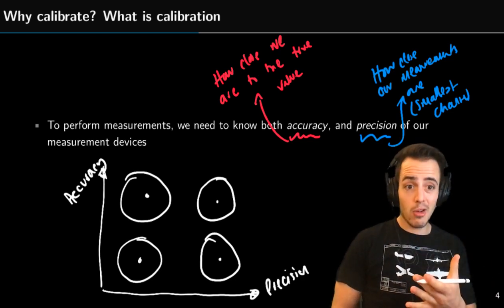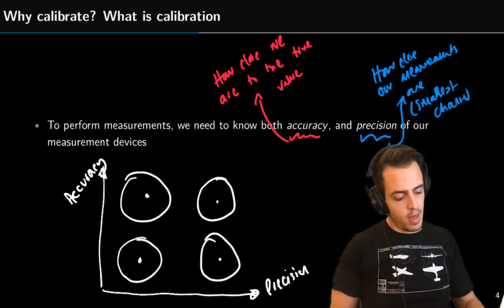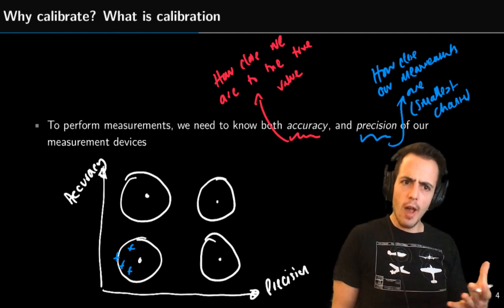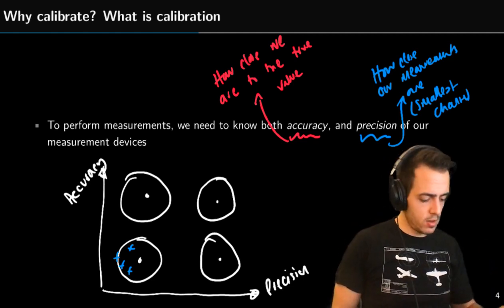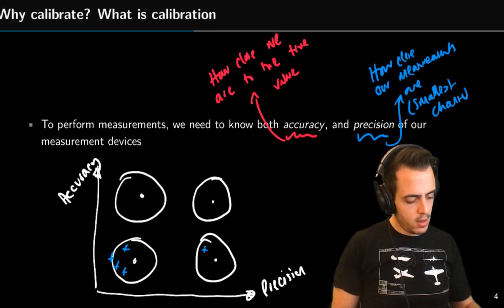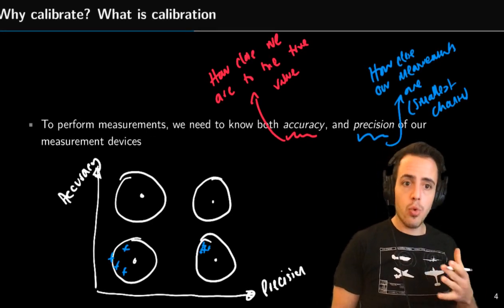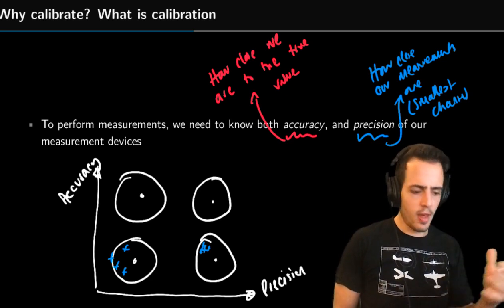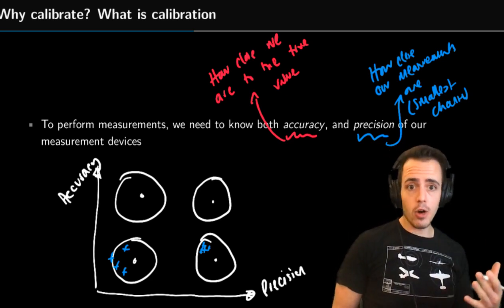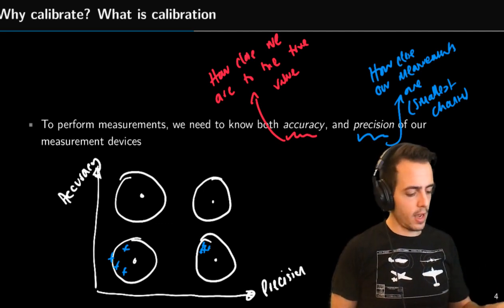If we have low accuracy and low precision, none of our shots are particularly close to the bullseye, and they're all spread quite far apart. If we have low accuracy and high precision, we have quite good grouping in our measurements. They're all pretty close to one another, but still quite far away from the center of the target.